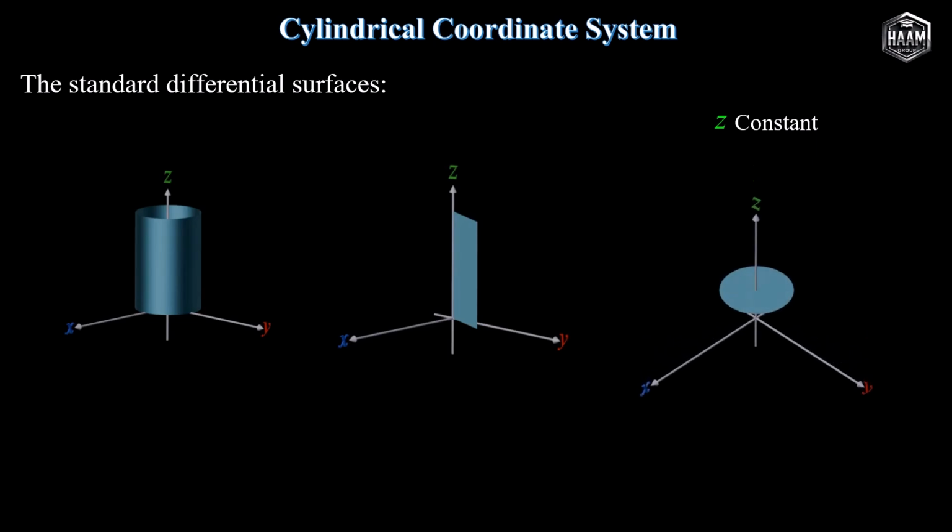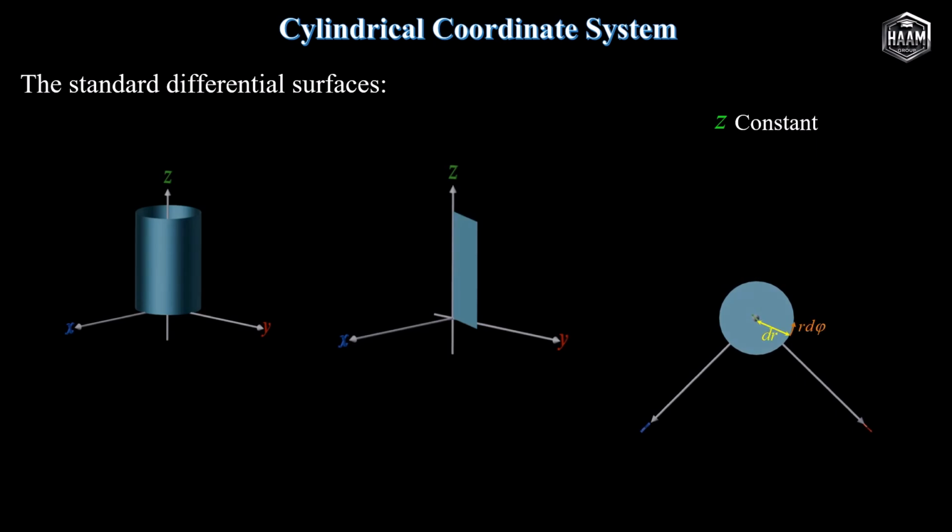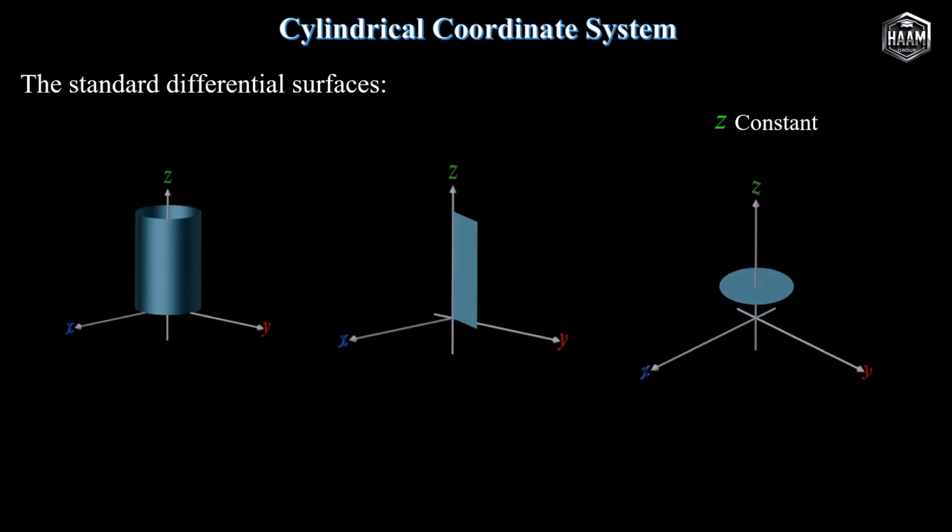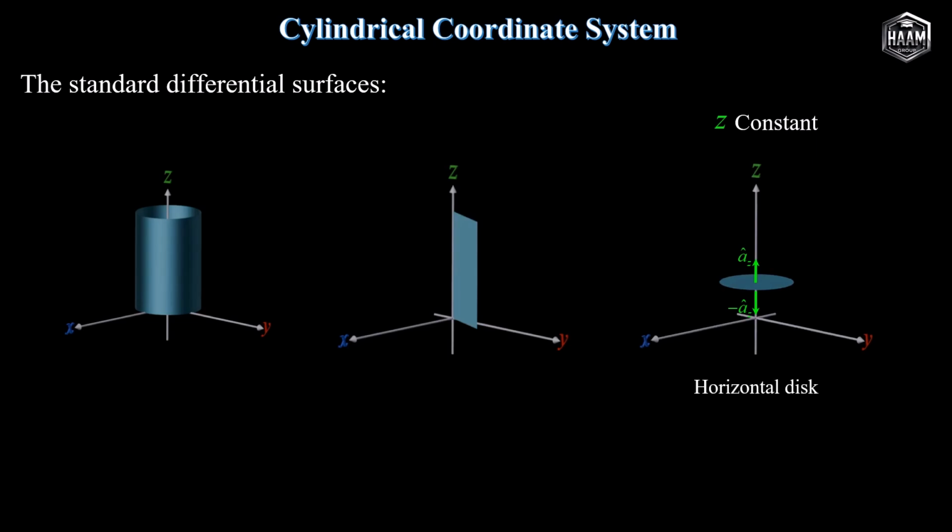Now, if we look at the disk from above, we observe a change in length and a change in the angle phi: dr and r d phi. Its direction is along the positive or negative a hat sub z, perpendicular to the disk. Therefore, for this horizontal disk, dS equals plus or minus r dr d phi times a hat sub z.